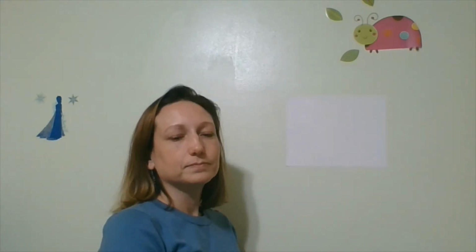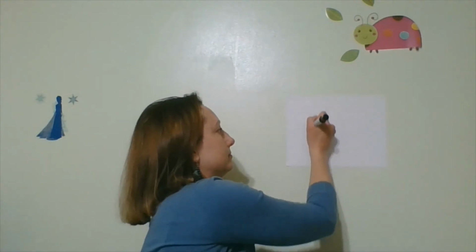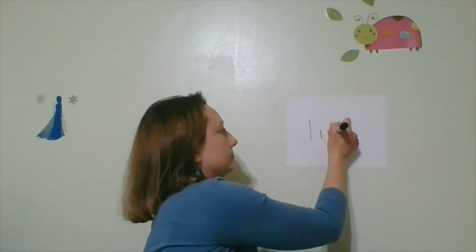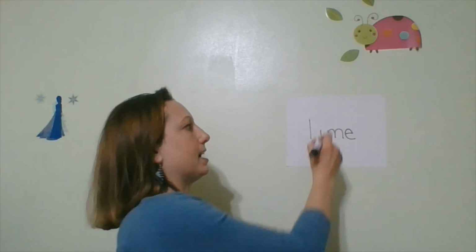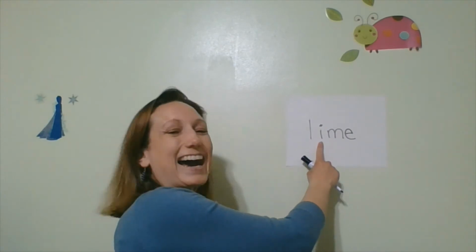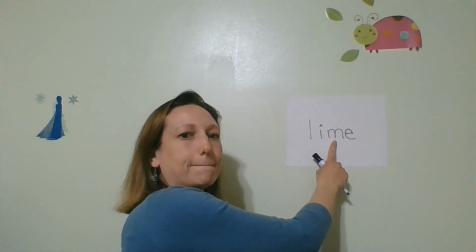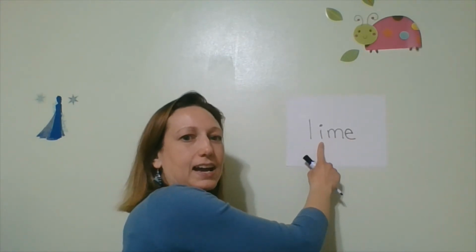A lime is green. How did you spell lime? L-I-M-E. I heard I. My I was saying its name, so I have I, consonant E says I.